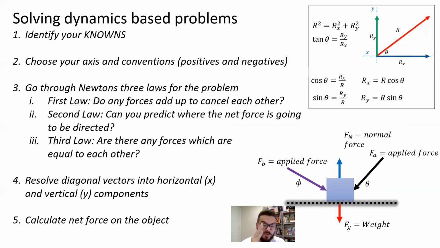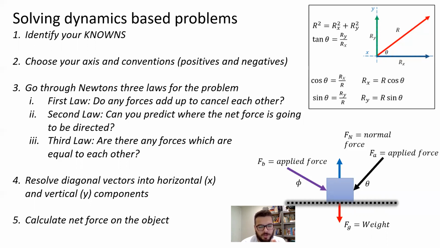Does the weight and the normal force cancel out? Or maybe horizontal forces? Maybe it's an object dangling from a couple of strings, and there's no real horizontal forces acting on the object. So therefore, they might cancel out.